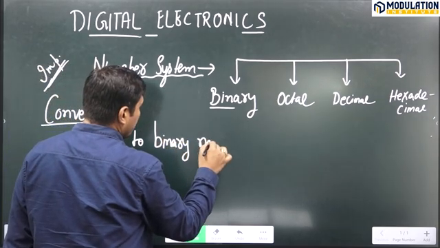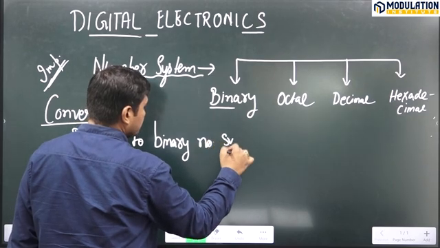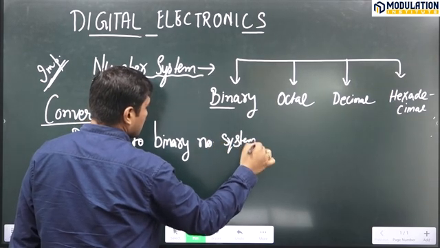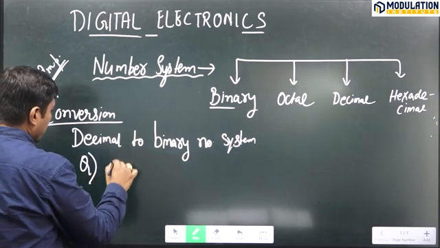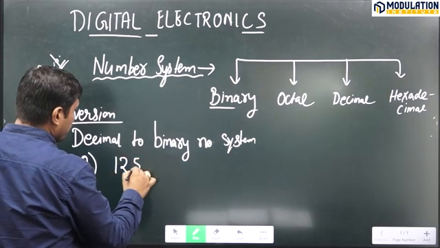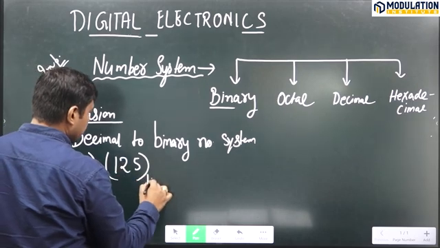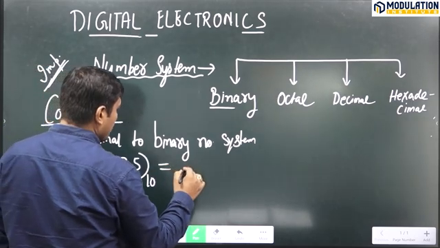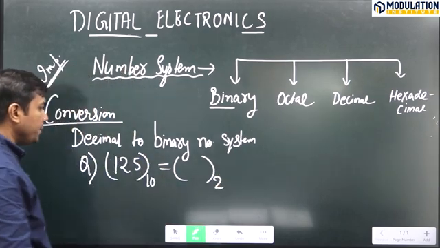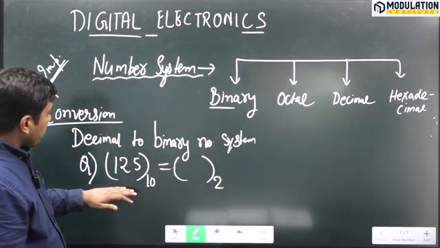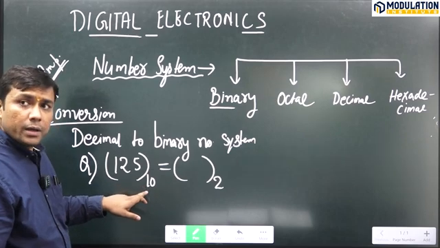Decimal to binary number system. Suppose the question comes 125, the question will come in this format only. Suppose the base is given here 10.